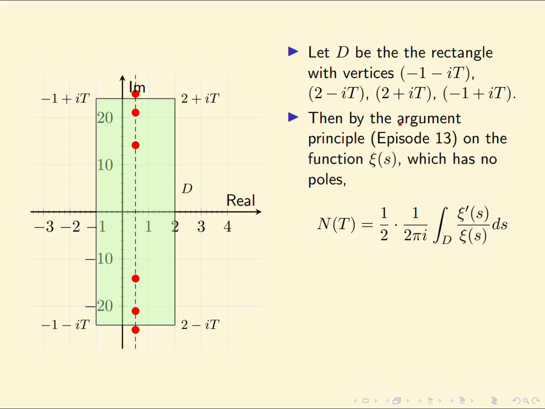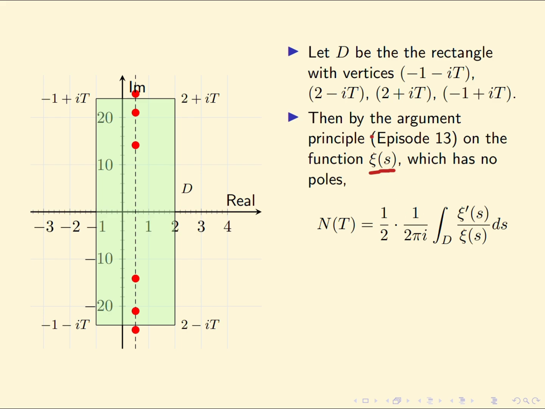By the argument principle, which we covered in episode 13, if you have some analytic function and you draw a contour around it where the contour itself doesn't hit any zeros, then you can say something about the contour integral of the logarithmic derivative of that function. This function is an entire function, so it is analytic and has no poles.